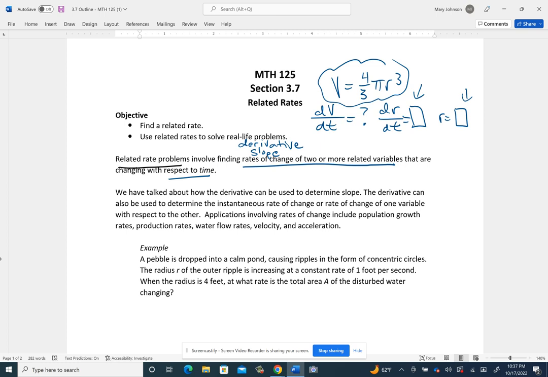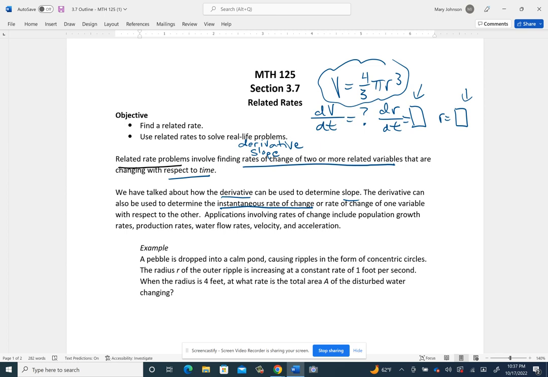So we've talked about how derivative can be used to determine slope. Okay, let me just underline slope. And the derivative can also be used to determine instantaneous rate of change, the rate of change of one variable with respect to another at a given instant. All right, so you'll see these kinds of problems. Sometimes you're dealing with something like population growth or production rates, water flow rates, velocity, acceleration.